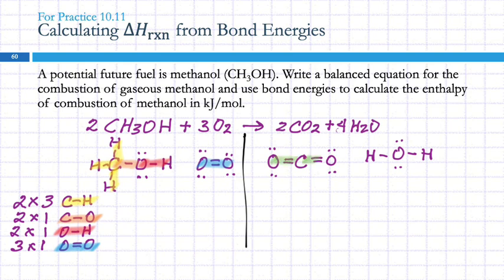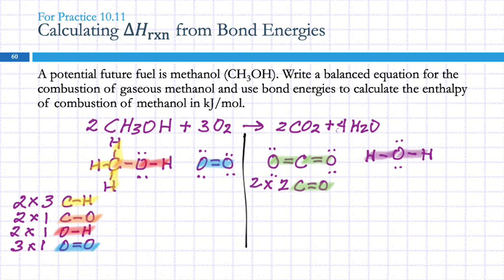Here I've got carbon-oxygen double bonds. In the 1 structure, I have how many bonds? 2. And how many of that structure do I have? 2. And then in my water, let's see, what colors do we have left? Purple.